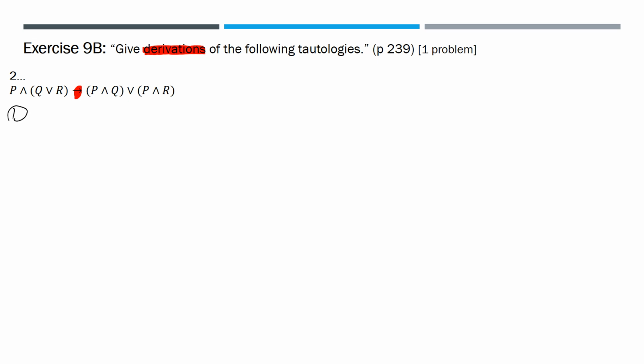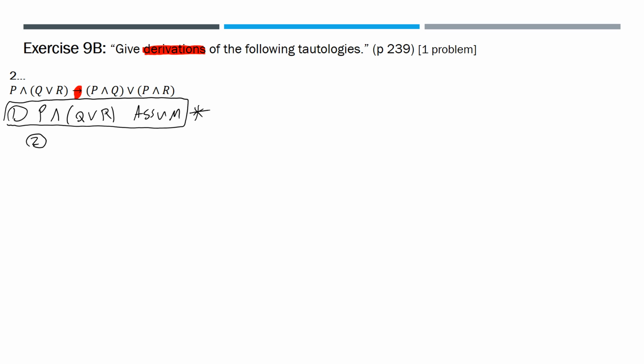So for line 1, we're going to assume that antecedent, we'll say P and parentheses Q or R, close parentheses, and this is just an assumption. And because it's an assumption, we'll place it under quarantine, so to speak. And then within that assumption, we'll make a new assumption. So the first assumption here is based on doing a conditional proof.